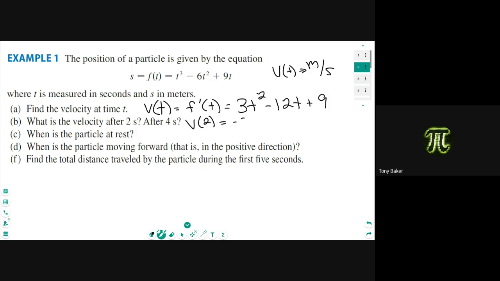Or -3? Oh, I didn't do it. So we got 12 minus 24 plus 9. So -12 plus 9 is -3. All right. What's it after 4 seconds?